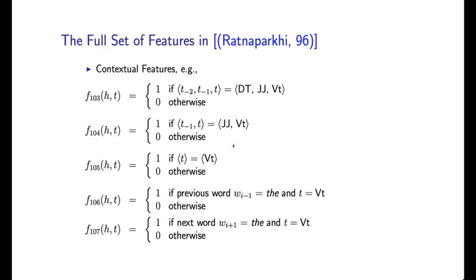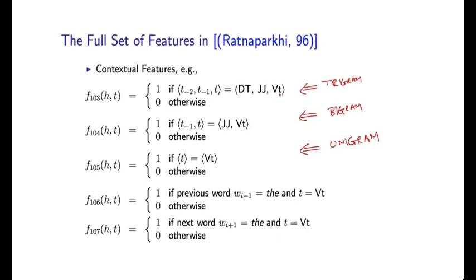Ratnaparkhi also looked at contextual features. These first 3 features look very much like trigram, bigram, and unigram features over tags. So this first feature is 1 if the tag sequence t-2, t-1, t is equal to dt, jj, vt, and it's 0 otherwise.